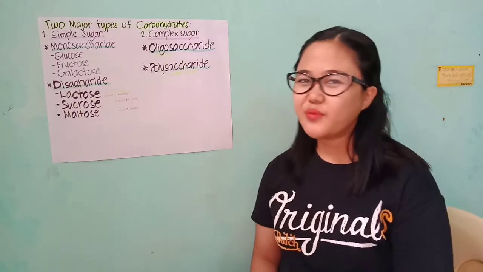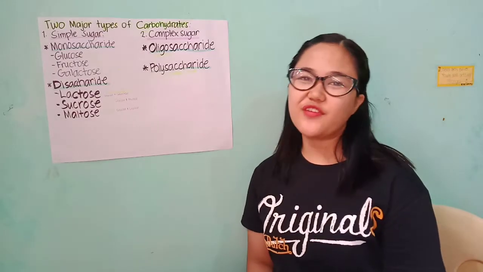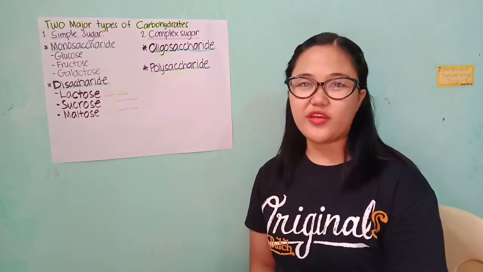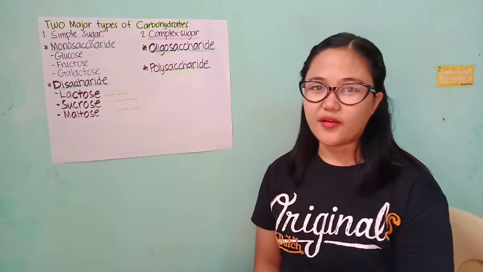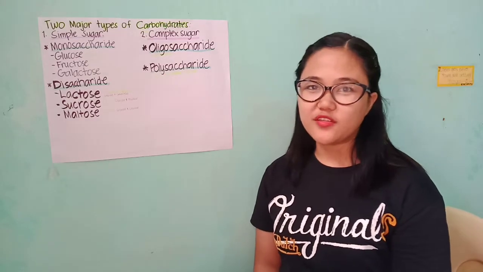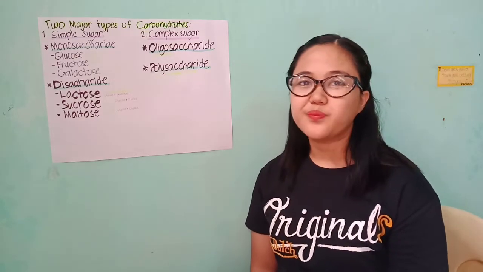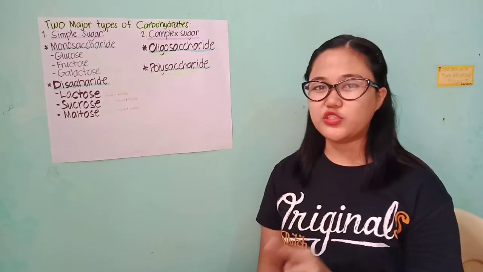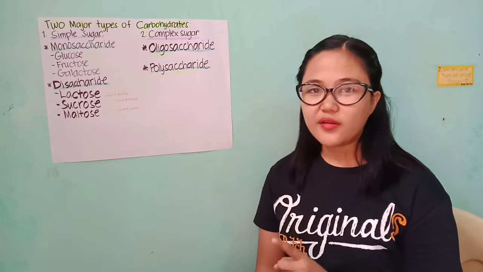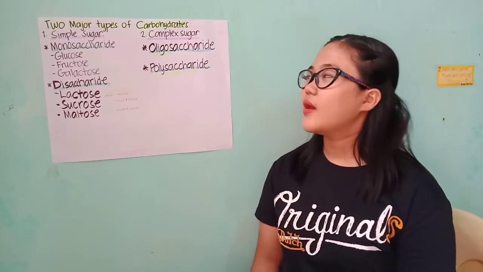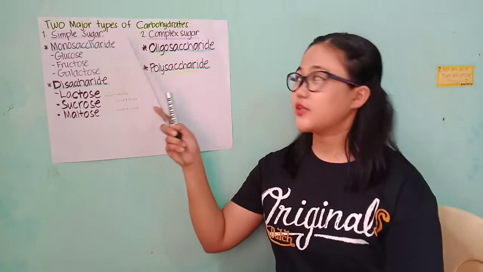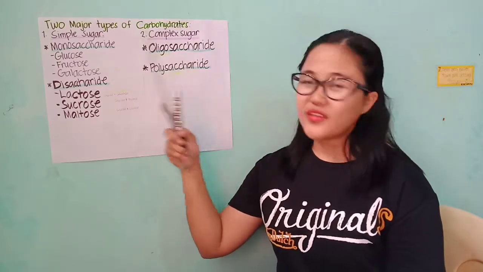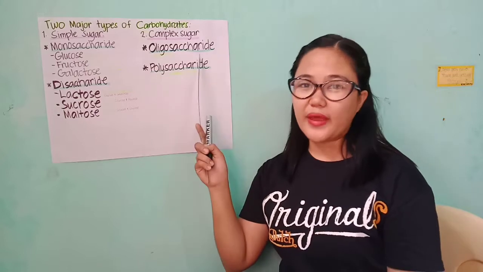So, hi again. Let's move on to the classifications of carbohydrates. Carbohydrates are biomolecules composed of one carbon, two hydrogen, and one oxygen atom. There are two major types of carbohydrates, the simple sugars and the complex carbohydrates.